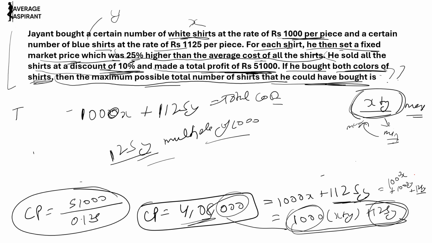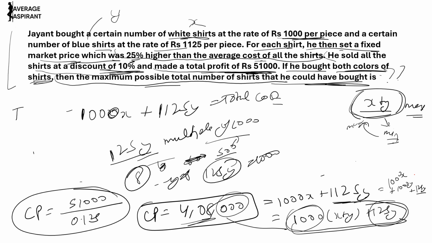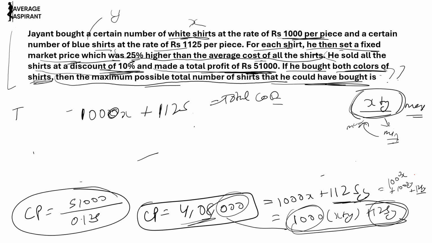No. Let's try 4. If you take it as 4, it will be 500. Again, we need it to be a multiple of 1000, so we multiply it by 8. So 125y will be 1000 if y is equal to 8. So the minimum possible value of y is coming out to be 8.